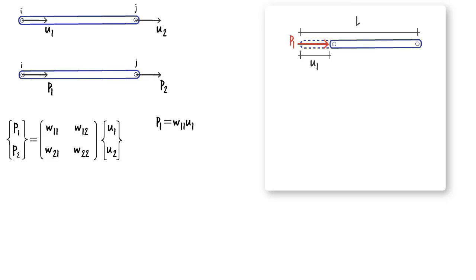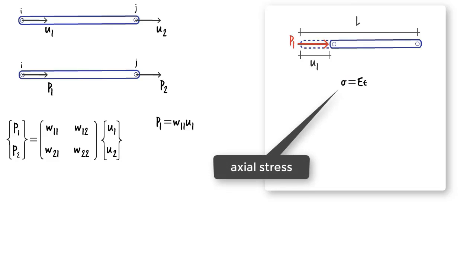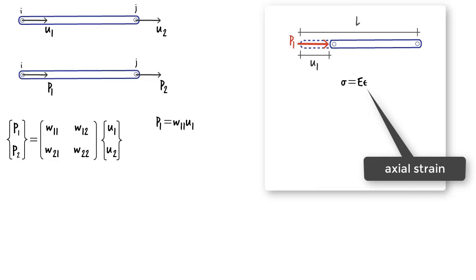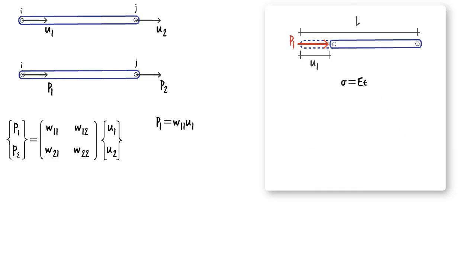We can also relate the axial force to the axial displacement using this equation, where sigma is axial stress, E is the modulus of elasticity of the material, and epsilon is axial strain. Knowing that axial stress is force over cross-sectional area, and axial strain is displacement over length, we can conclude that W11 equals EA divided by L.